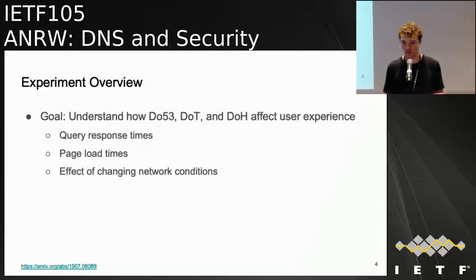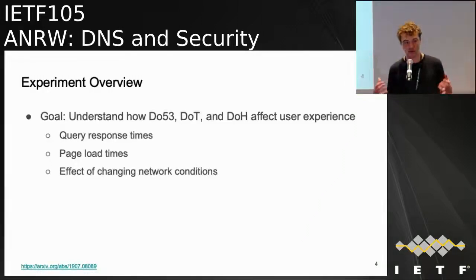First we measure query response times. We wanted to reproduce Mozilla's findings. For those of you who don't know, Mozilla did a couple of studies where they measured DoH query response times. They also measured effective ECS on user performance, things like that. We wanted to see if we could reproduce the results on DoH query response times.